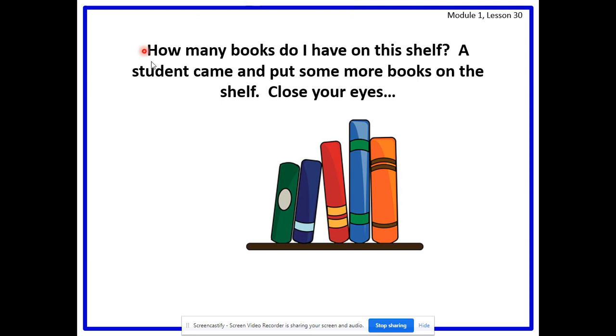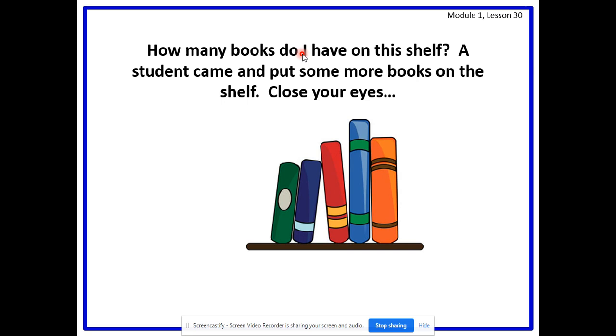Our first problem reads, how many books do I have on this shelf? Look, how many books? Get ready. Yes, 5. 1, 2, 3, 4, 5. But a student came and put some more books on the shelf. So close your eyes, because do we know how many more books?